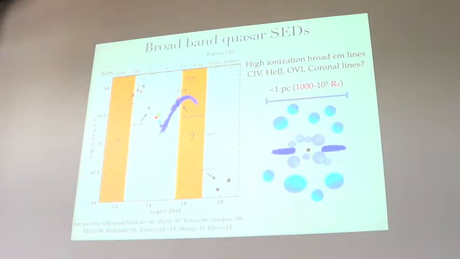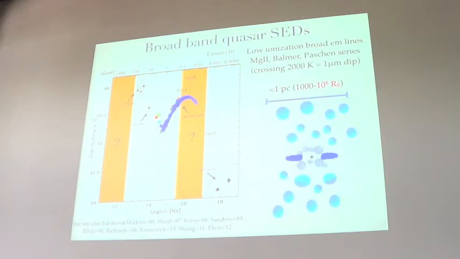We are on the order of 1,000 Schwarzschild radii, of course less than 1 parsec. Moving outwards, you have low ionization broad emission lines, such as magnesium-2 and Balmer lines, and we are at the order of 10 to the 5 Schwarzschild radii. All of this emission gives you the big blue bump.